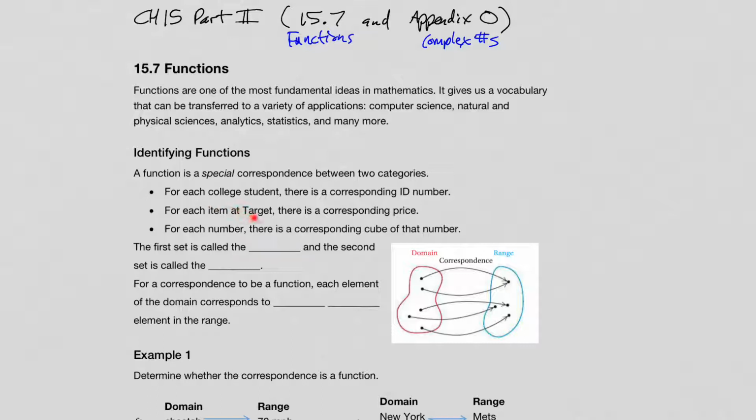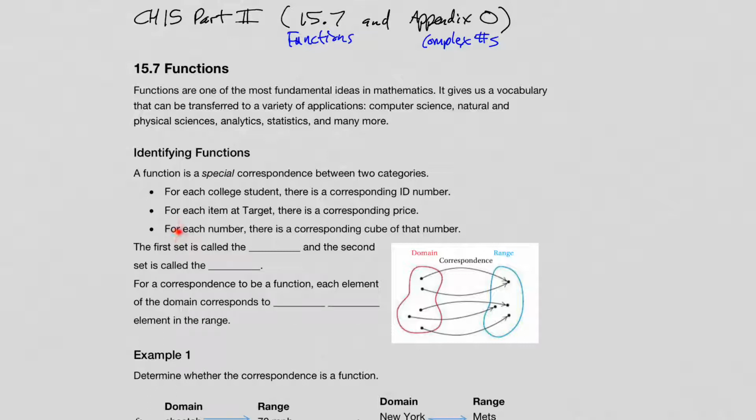Each item in Target is going to be related to a corresponding price. Okay, so without the ID numbers and without the prices, these two will be chaotic. All right, this is what makes things organized and understandable.